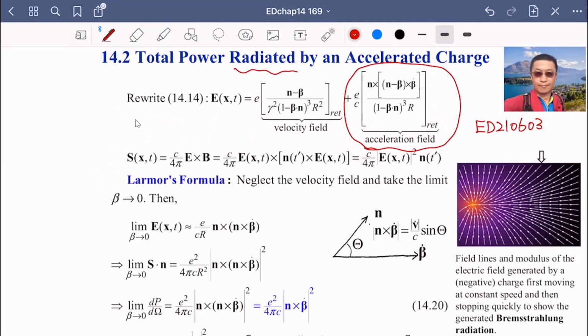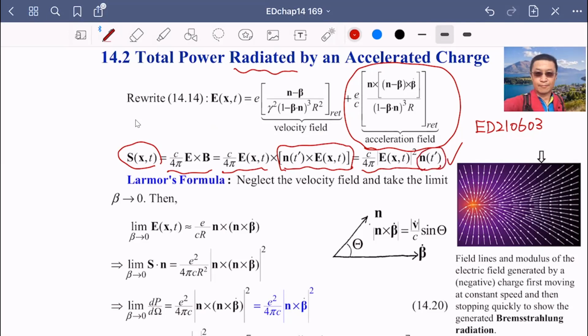So let's consider the Poynting vector. That's in Gaussian units, E cross H in SI units. If B equals n cross E, evaluating in this case, the Poynting vector is 1 over c times E squared, in the n direction.